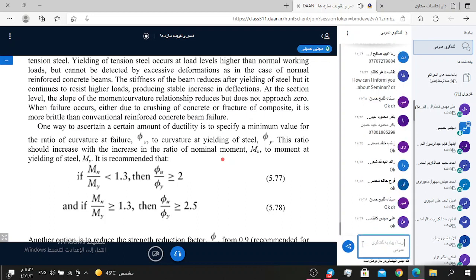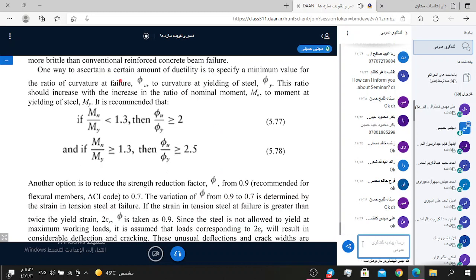Okay, ductility is a ratio number: the ratio of ultimate curvature to yield curvature. And in here also check it by the ratio of nominal moment to yield moment.